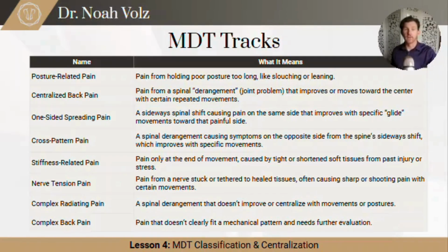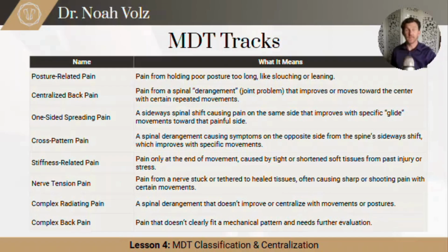This is a spinal derangement causing symptoms on the opposite side from the spine sideways shift. So this is basically the opposite of the one-sided spreading pain. In one-sided, you shift to that side, you get pain on that side. On the cross pattern pain, you shift to the other side and you get pain on the opposite side of the back or leg, possibly all the way down to the foot.